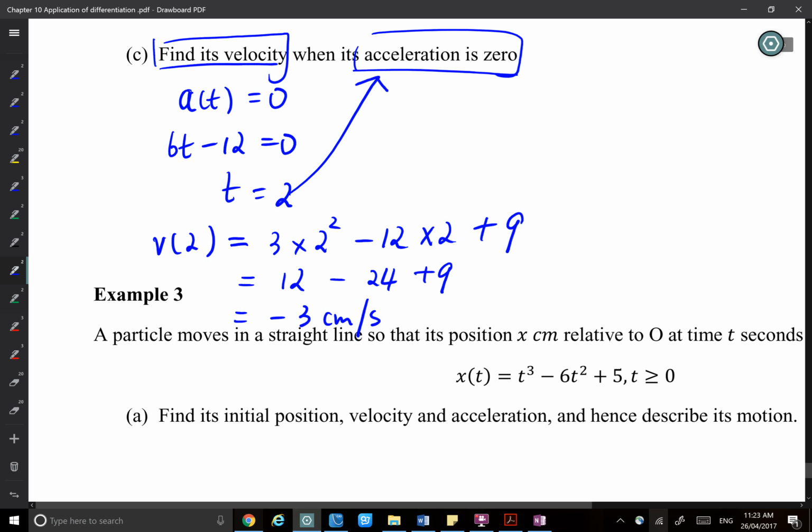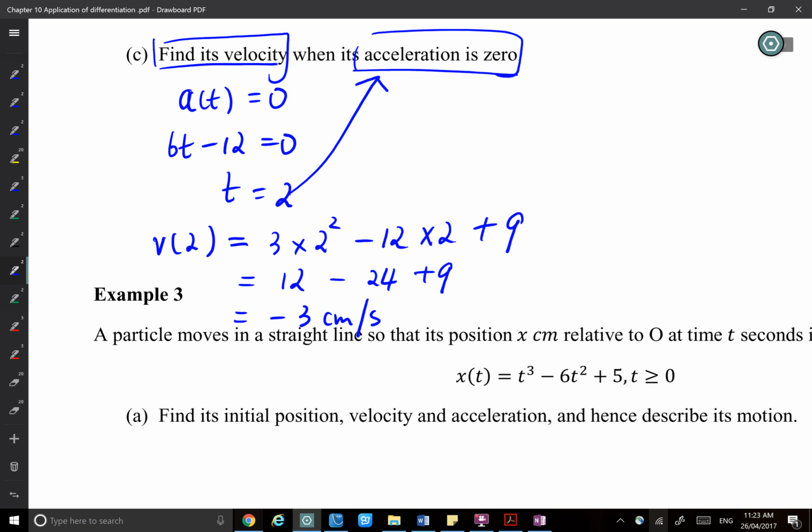So those two questions are really basic questions. You just need to find the v(t) and a(t) graphs, and by using what it tells you, you make that equal to 0, solve out the t value, and substitute back.